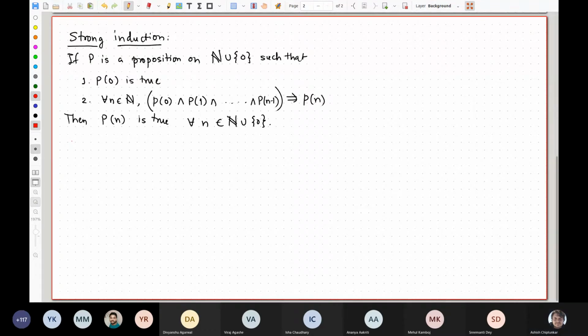Oh, by the way, before we prove this claim, let me also do this. There is nothing special about the non-negative integers.